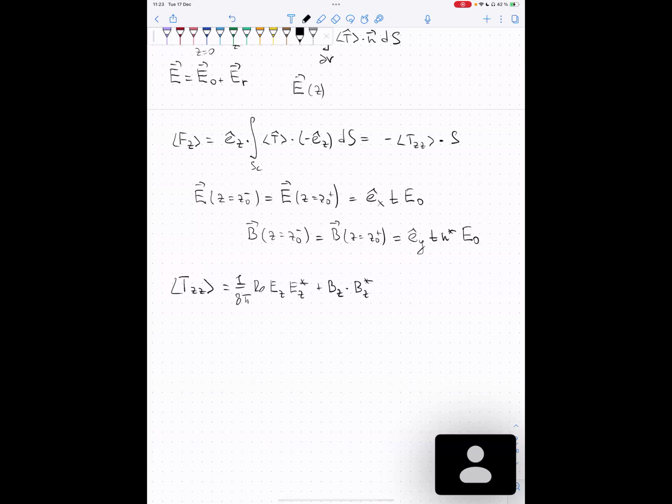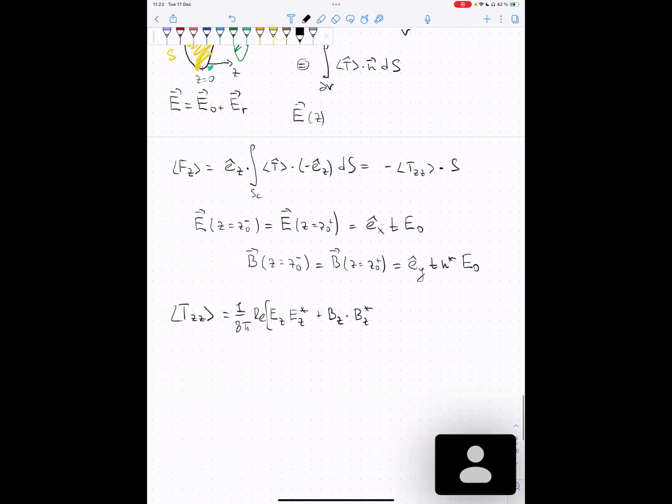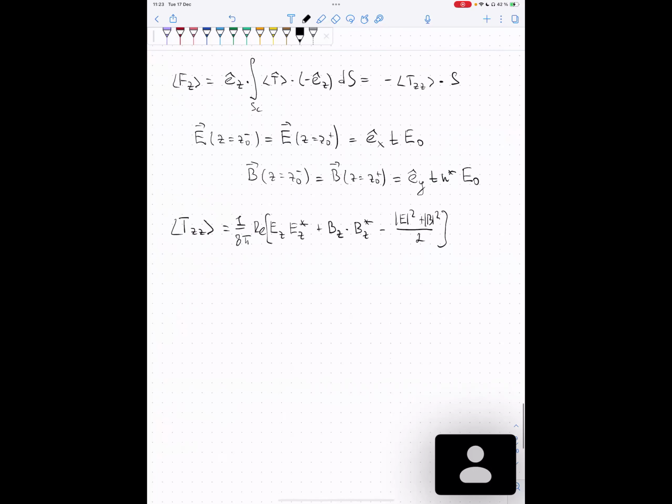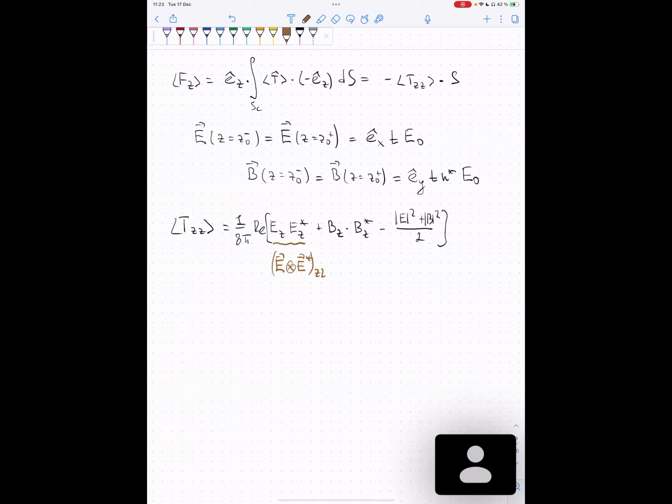It will also be a real part. And minus E squared plus B squared divided by 2. But we remember, this is basically E times E conjugated, and Z is a part of this. But our electric field has no Z component, and our magnetic field has no Z component. So these terms are just 0.